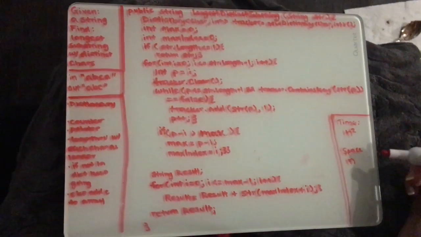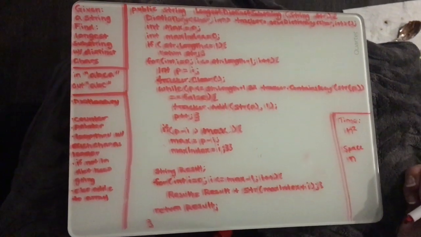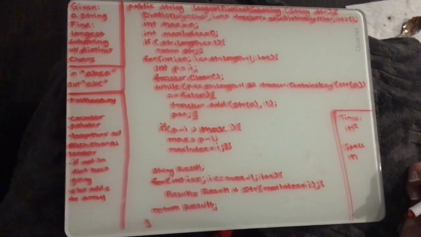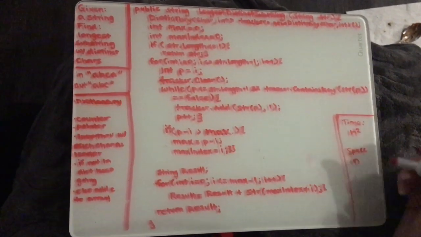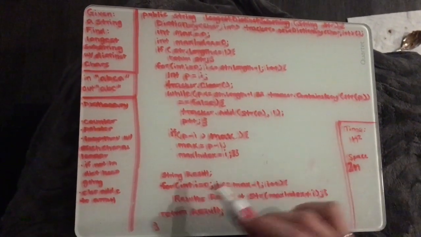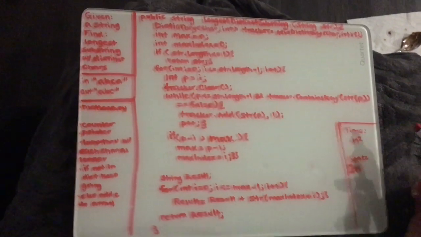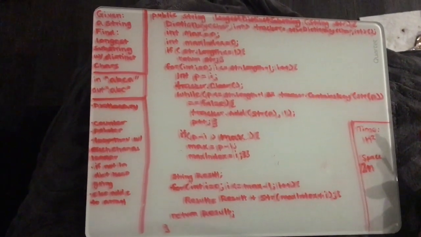And our space is an extra n for the dictionary. 2n, because we also have the new string, which might be the same length as the given string.